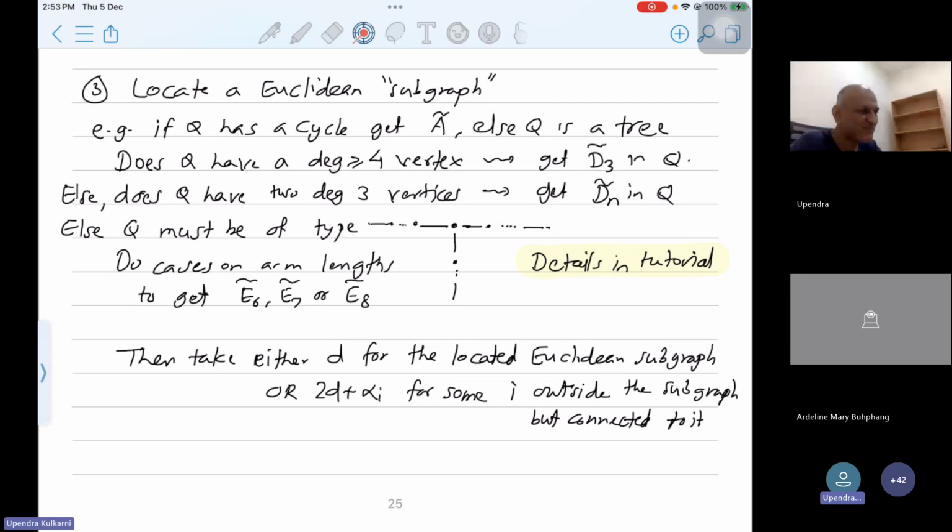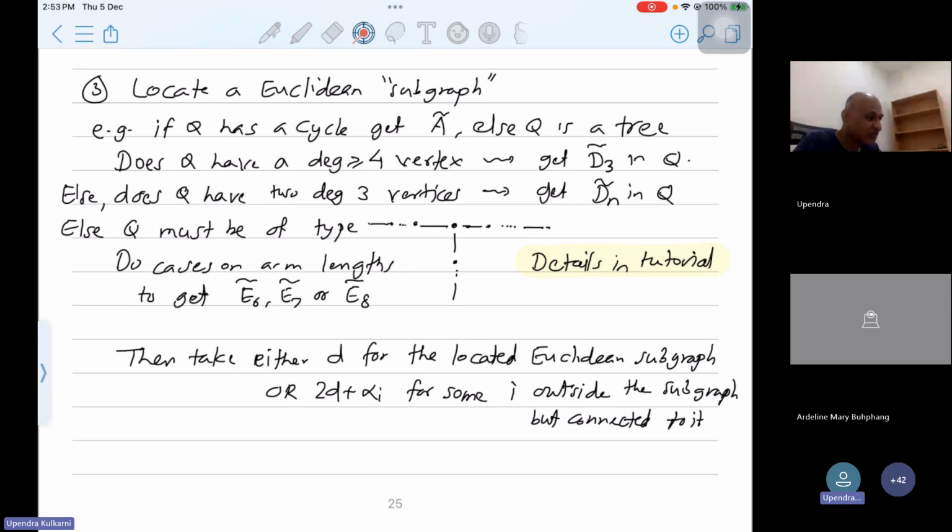And so I will get a negative answer. This is something to check. I don't want to get into the details. Another case is that the Euclidean subgraph that I have, my graph has no other vertices, just some extra. I switched the two. Okay.